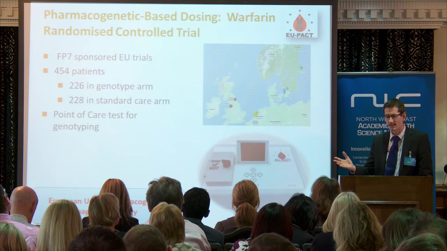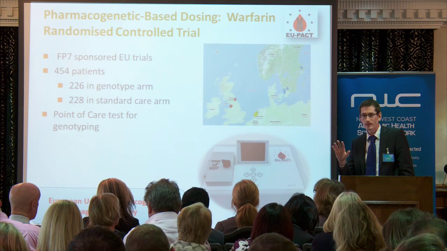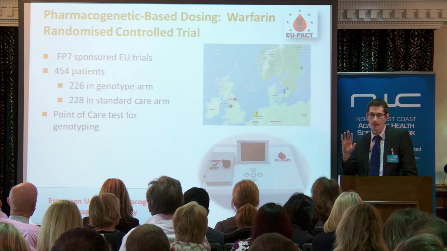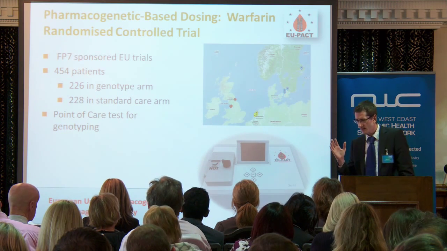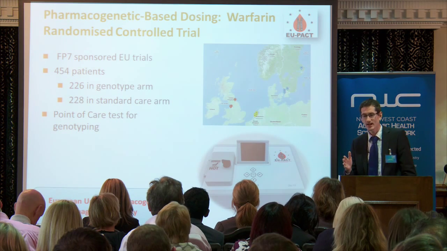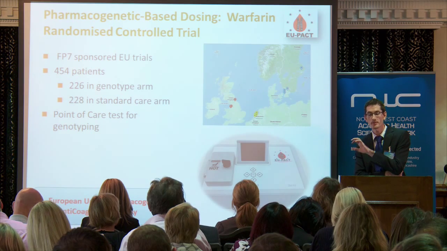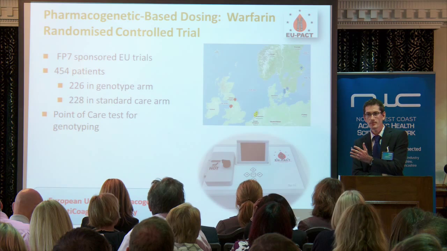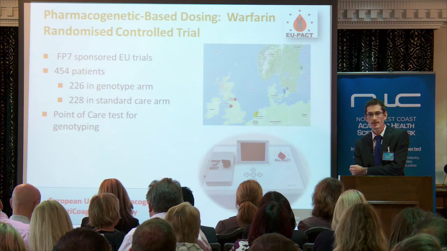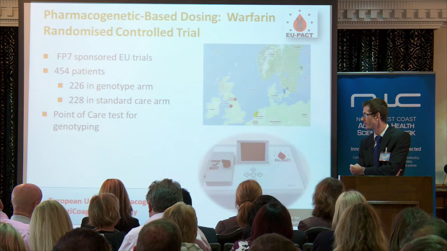So just to give a quick overview now of a recently published randomized controlled trial, which was asking the question, if these genetic variants contribute a large amount to the warfarin dose variability that we see, perhaps if we take them into account, can we improve the time within the therapeutic range, and ultimately could we improve clinical outcomes of people on warfarin?